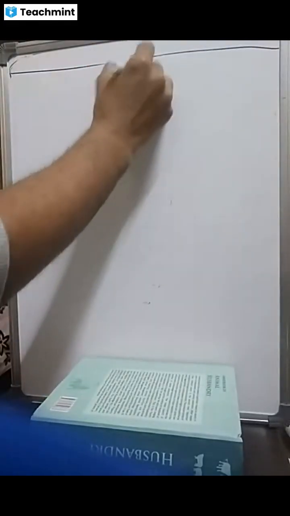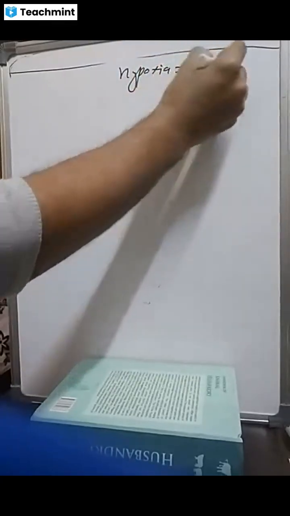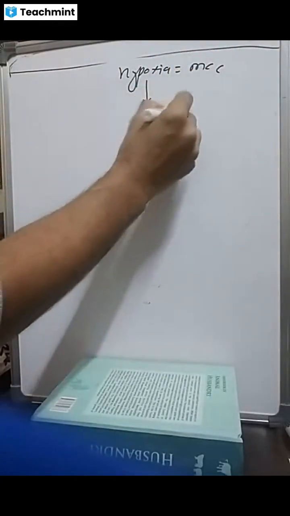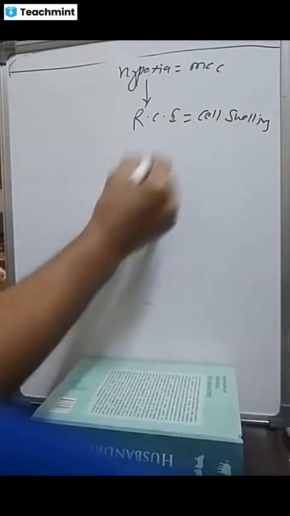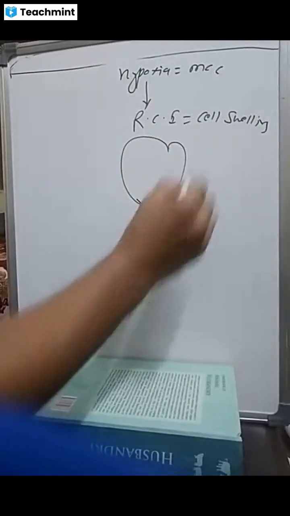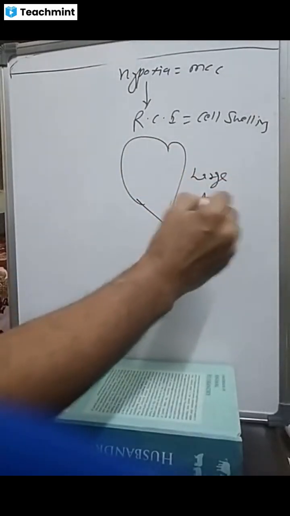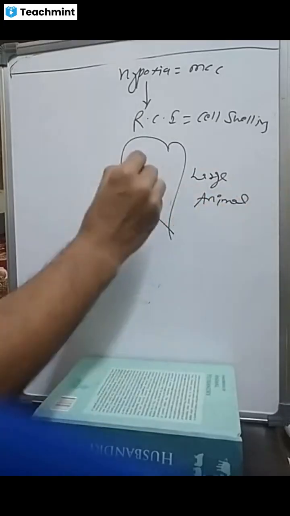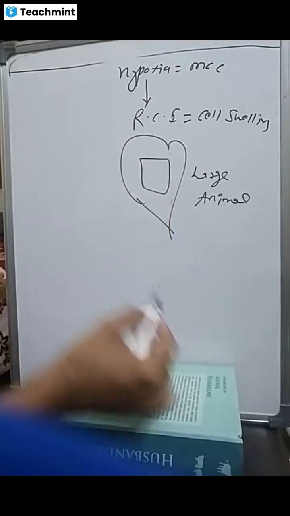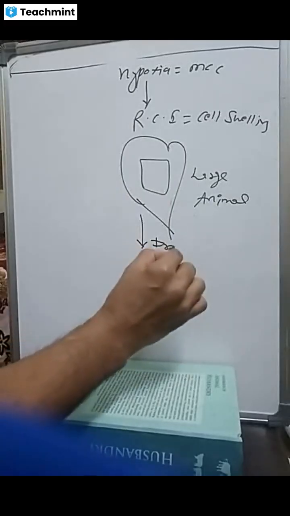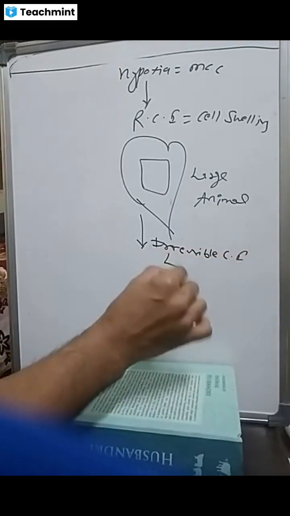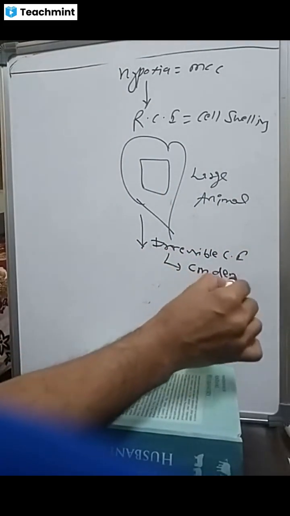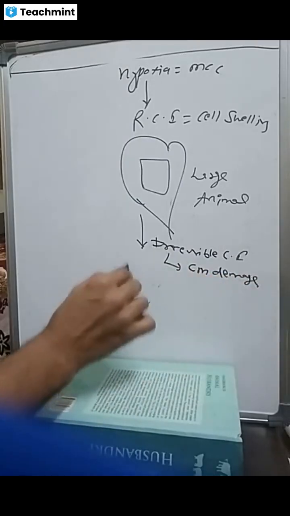So suppose we started with the most common cause, then reversible cell injury, that is nothing but cell swelling. This is the cardiac cell of a large animal, and there is swelling of the cell. After this, irreversible cell injury. In case of irreversible injury, cell membrane damage occurs.